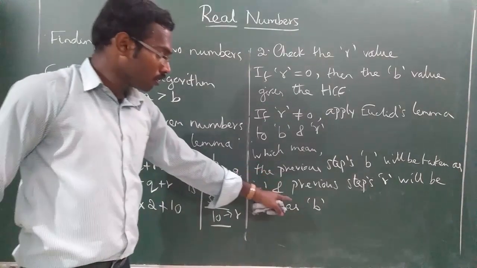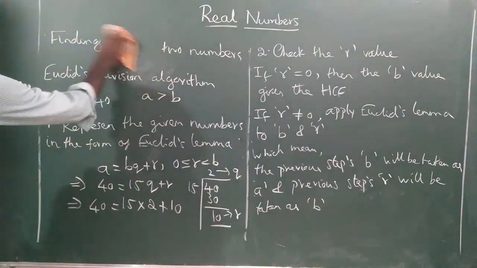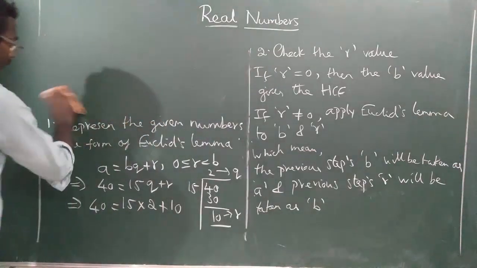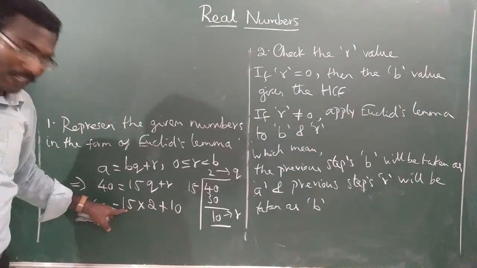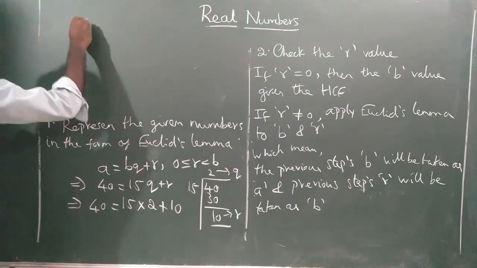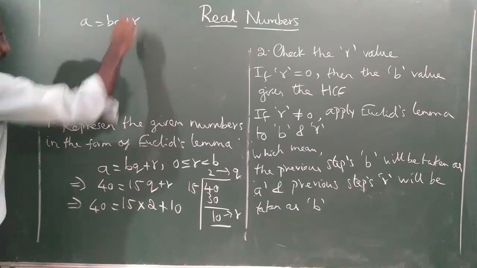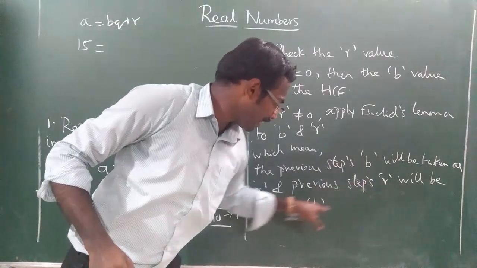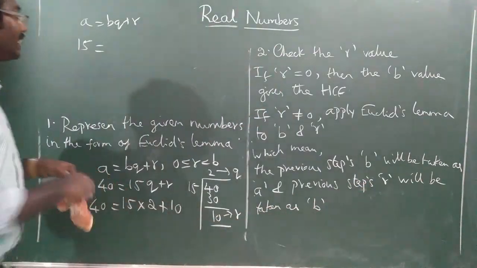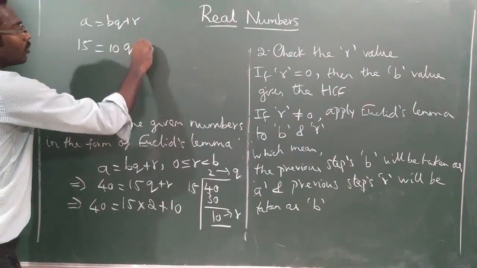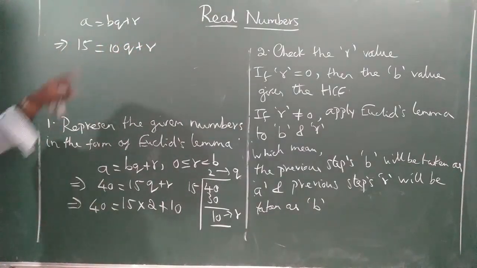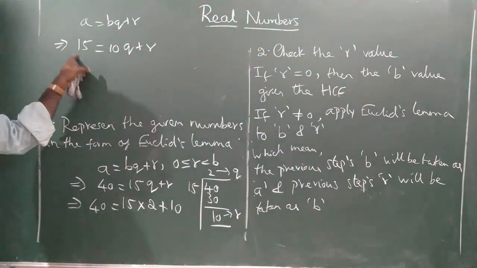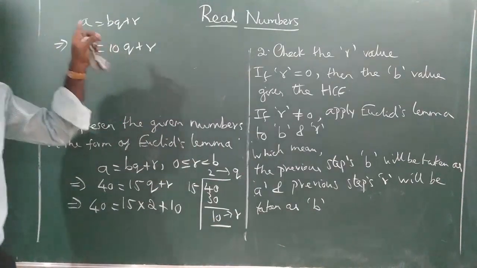So I will tell you how you will write. See, the previous step's B is taken as A. This is B now. This B is taken as A. So 15 is equal to, and R is taken as B. R is 10. 10 is taken as B. Understood or not? This is the meaning. The previous step's B is taken as this step's A. The previous step's R is taken as this step's B.